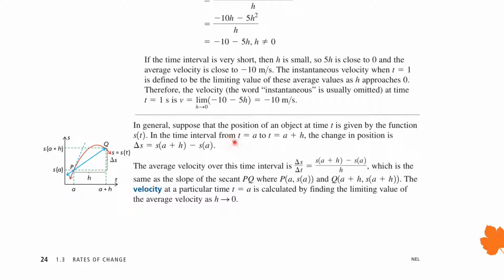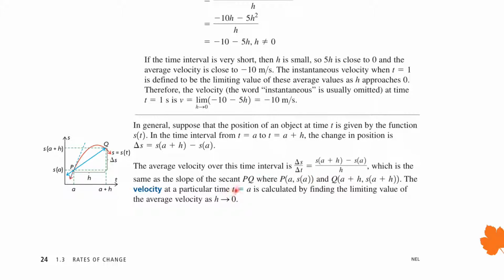we want to find the instantaneous velocity at t equals a. We create an interval of length h from t equals a to t equals a plus h, and we find the average velocity. Delta s over delta t is s of a plus h minus s of a, over h.